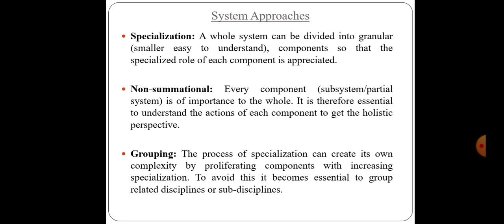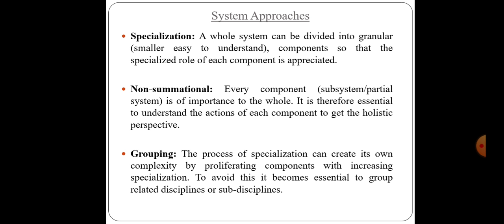A system can be divided into granular or smaller, easy to implement parts or components, so that the specialized role of each and every component can be appreciated and managed easily. Then systems are non-summational, that means every component is of importance to the whole system. It is therefore essential to understand the actions of each component to get the holistic perspective.